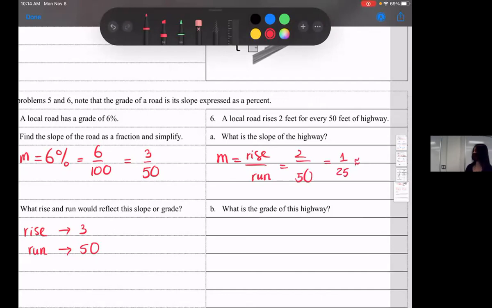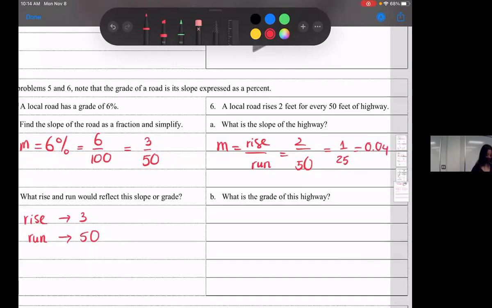The reason I'm doing decimal is because I look at problem B, what they're asking. Percentage, right? So you take 1 divided by 25, what do you have? It's not even approximate, it's exactly 0.04. What is the grade of this freeway?